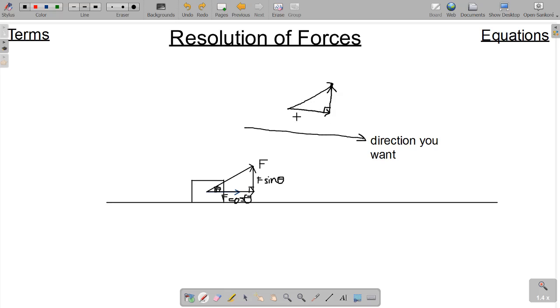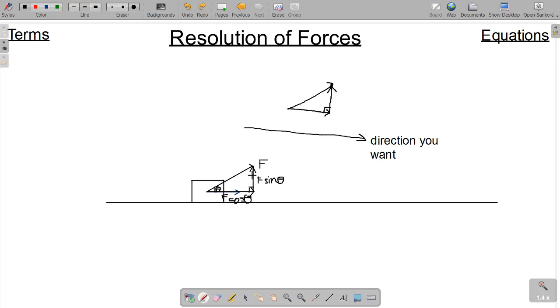This is basically the only component you need. Let's say, like here, you want the component of the force acting in this direction, which is the horizontal component. So the horizontal component is F cosine theta. That's what you want.